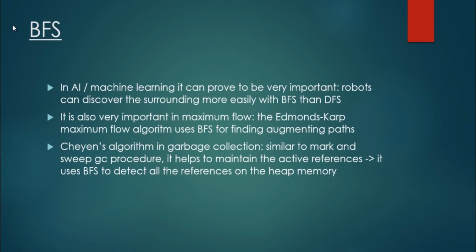So breadth-first search in artificial intelligence and machine learning can prove to be very important. I mean, this graph traversal algorithm, because robots can discover the surroundings more easily with breadth-first search than depth-first search.